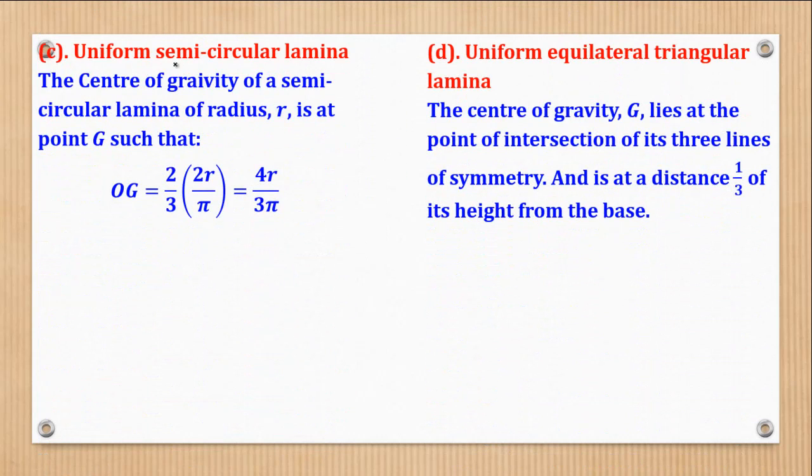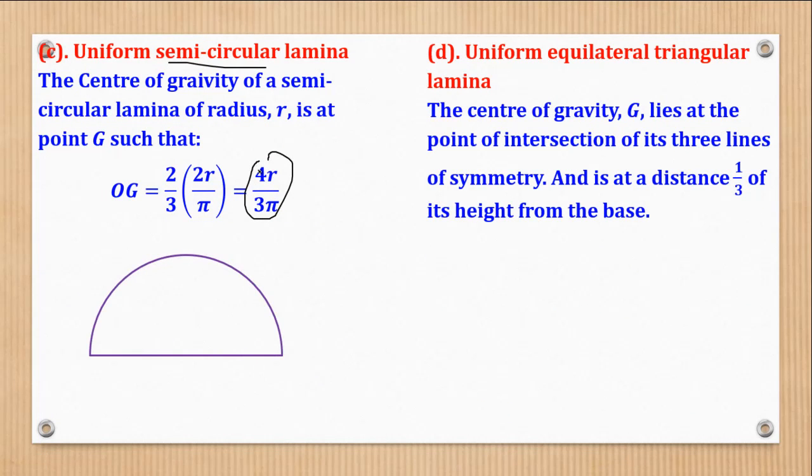Then for a semicircular lamina, good enough, we have proved it, that the center of gravity of a semicircular lamina is this from the base, from the flat surface. Like that.